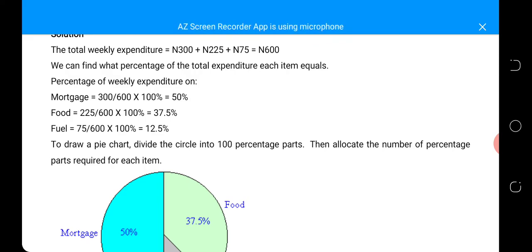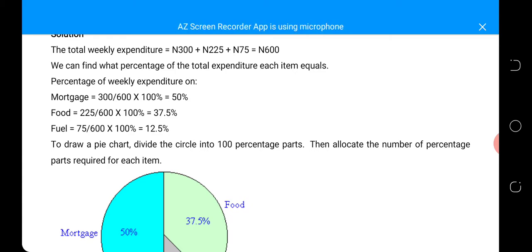We can find what percentage of the total expenditure each item equals, and this is done as follows. For mortgage, the expenditure on mortgage is 300 naira, divided by the total expenditure, which is 600 naira, multiplied by 100%. That gives 50%.